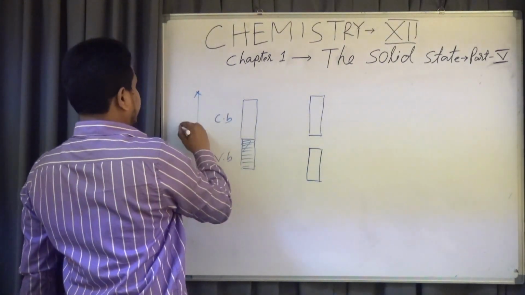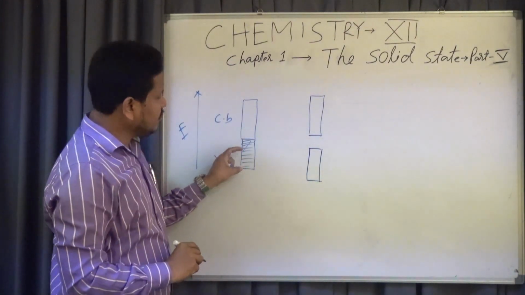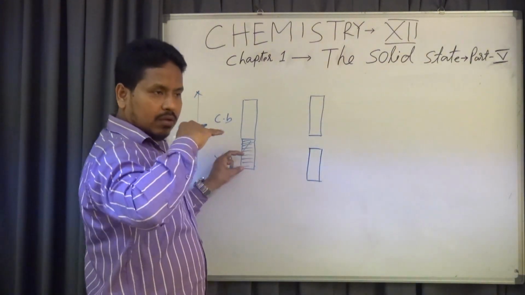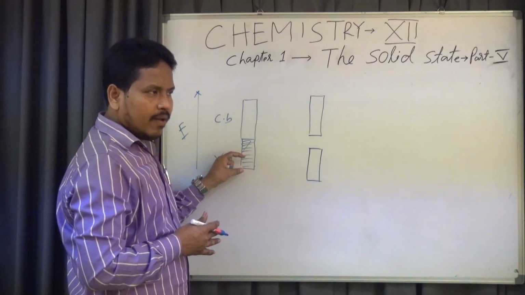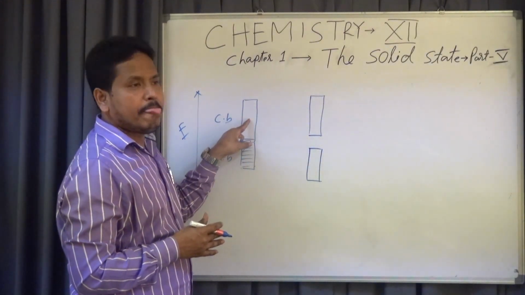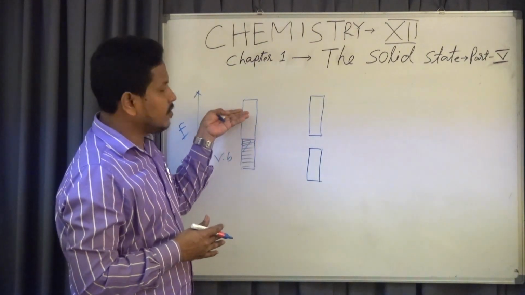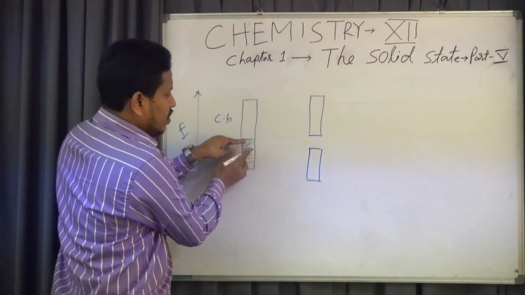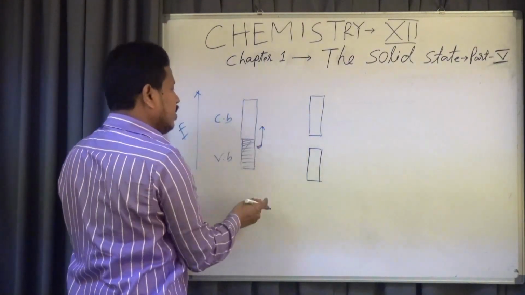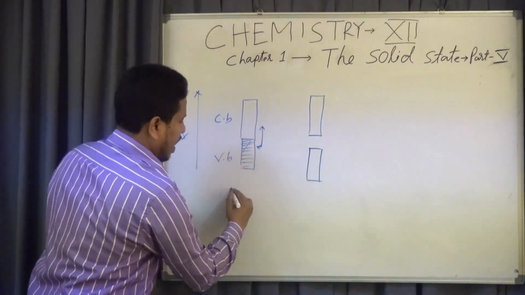Energy increases in this direction. The valence band is formed from molecular orbitals whose energy is similar. These are the valence band, the electron occupying band. The conduction band has high energy molecular orbitals. The energy gap is not there. That is why electrons can move freely. Free electrons can freely move. As a result, they are good conductors. These are metals.